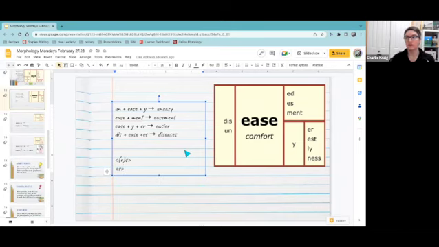Now, syllabication is a really funny topic in the land of orthography, because there is no direct correspondence between perceived number of syllables and actual number of syllables in spoken language. The best example I can offer is the word camera.